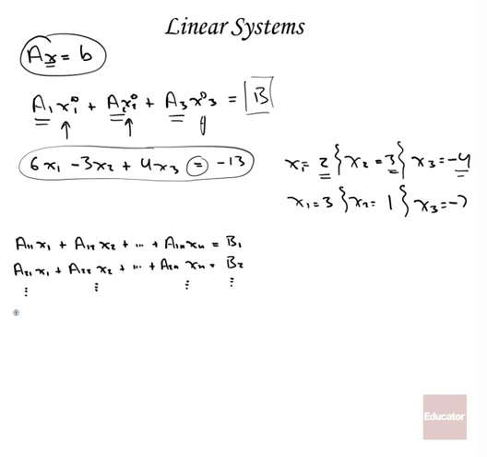And then I'm going to write am1 x1 plus am2 x2 plus dot dot dot plus amn, I know that's a little small, but that's an mn right there, xn equals b sub m.